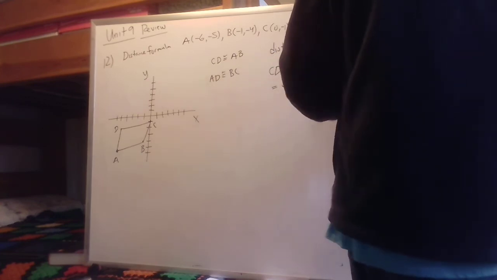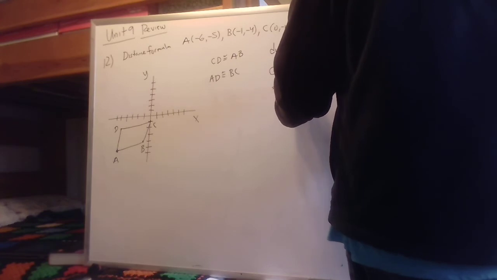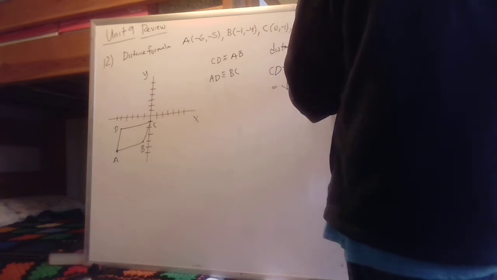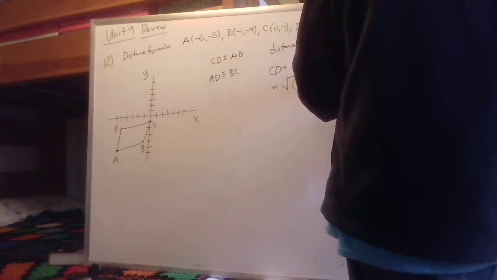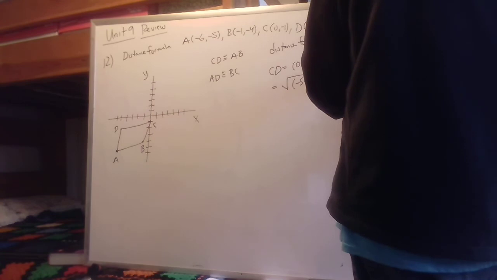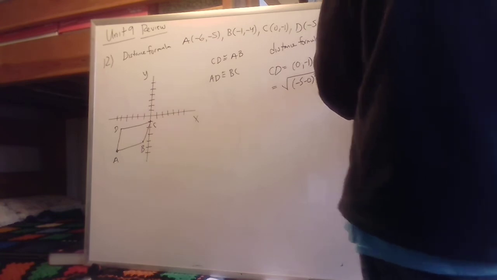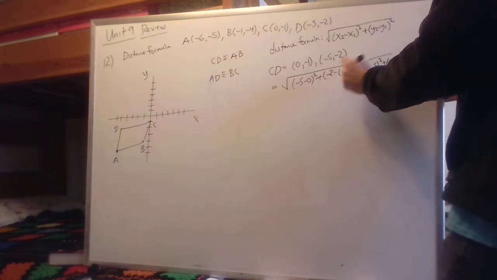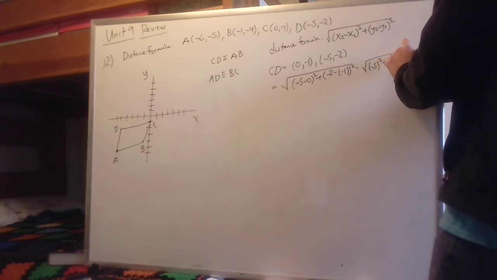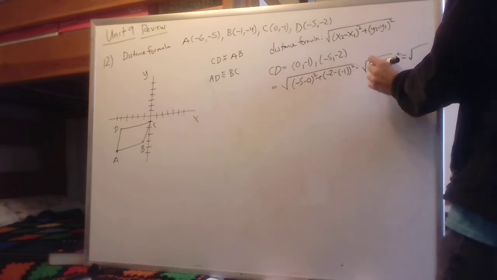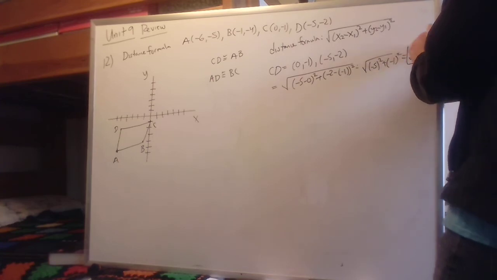So we're going to just plug that into the formula, and we're going to go -5 minus 0 squared plus -2 minus -1 squared. That's going to give us -5 squared plus -2 plus 1 is -1 squared. So that's going to give us the square root of 25 plus 1, so that's the square root of 26.